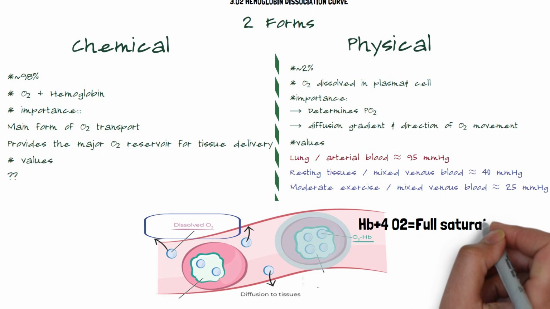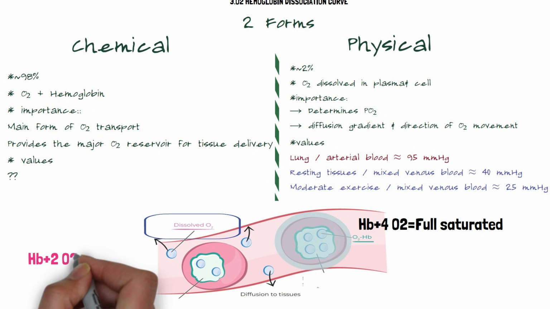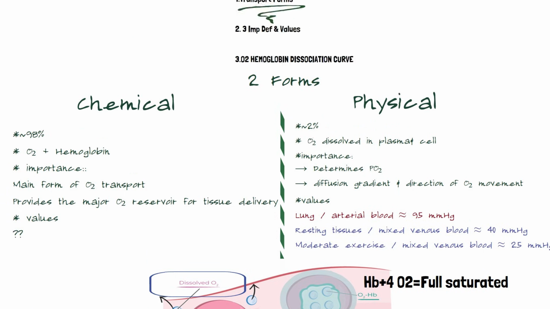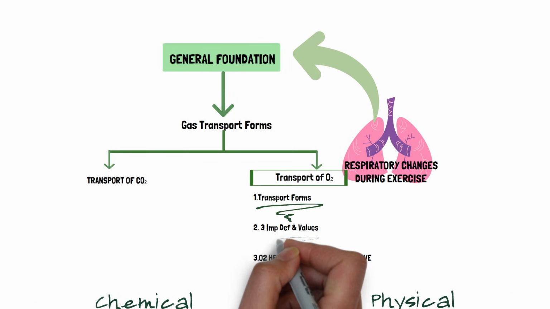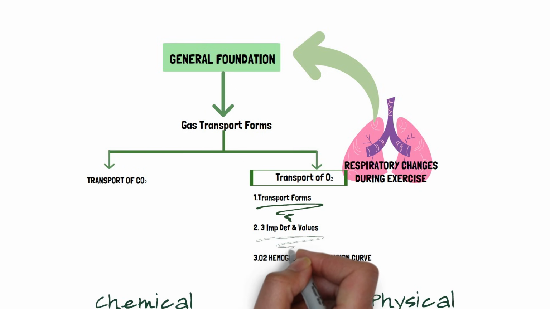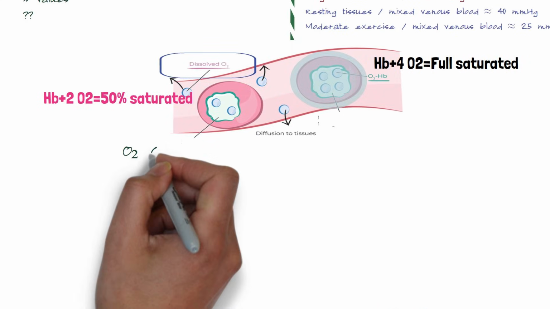So when hemoglobin carries 4 oxygen, we say it is fully saturated. But if it carries, for example, 2, we say that it is 50% saturated. So from this point, let's move to the content, the capacity and the saturation.